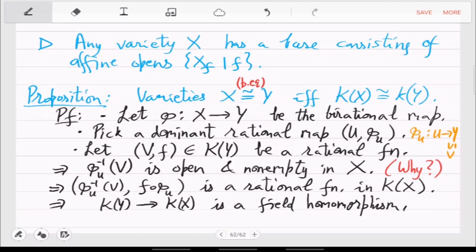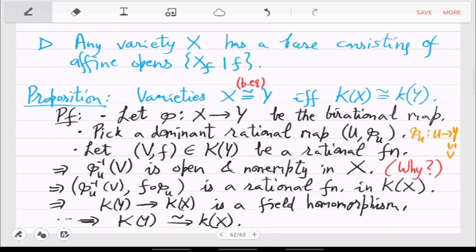Okay, so you have this field homomorphism and you have the converse of this, so you have a field isomorphism. So by symmetry you get Ky is actually isomorphic to Kx. So that is the most interesting case.